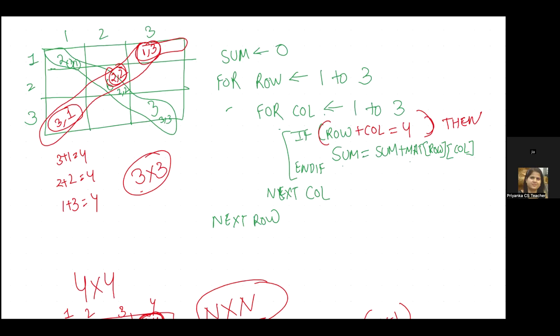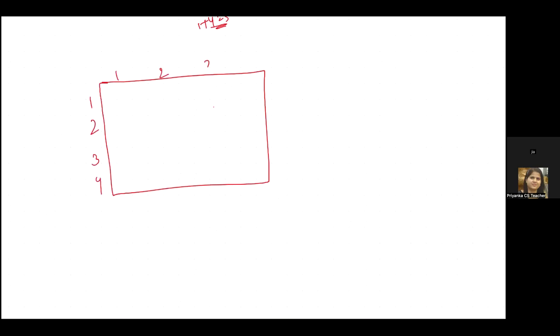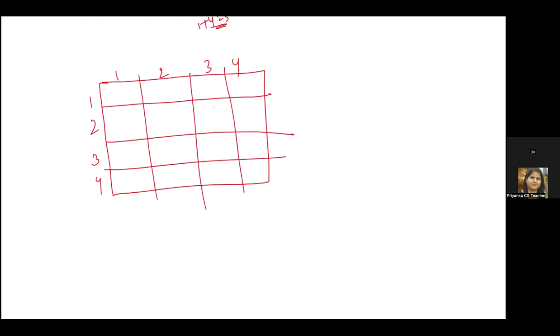Now let's quickly discuss the lower triangle and upper triangle. Let's say this is a 4 by 4 array, 1, 2, 3, 4 and 1, 2, 3, 4. This part, including the diagonal, is the lower triangle.